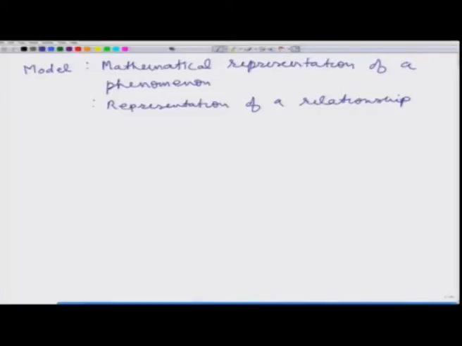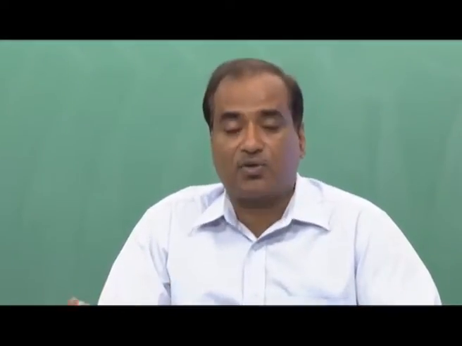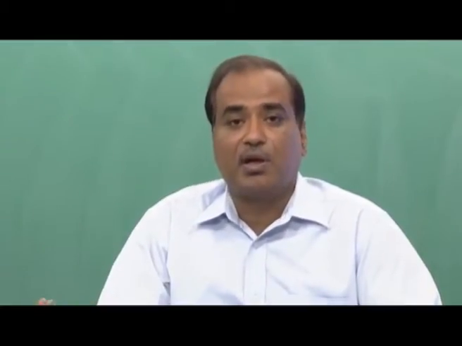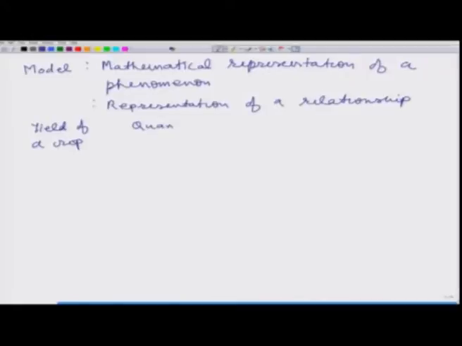Now, let me take a very simple example to explain you. For example, if I say yield of a crop, yield of a crop depends on several factors, like quantity of fertilizer, quality of fertilizer, irrigation, rainfall, temperature, and so on. So, for example, let me take here some variables like quantity of fertilizer, irrigation level, temperature, and so on, right?